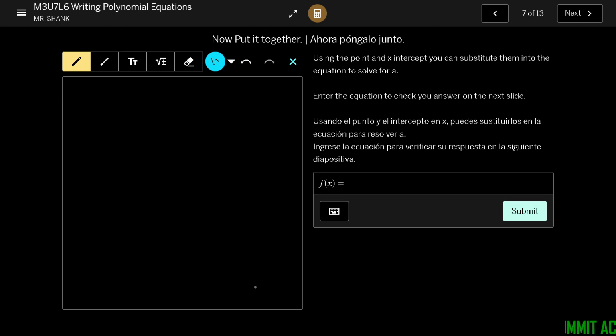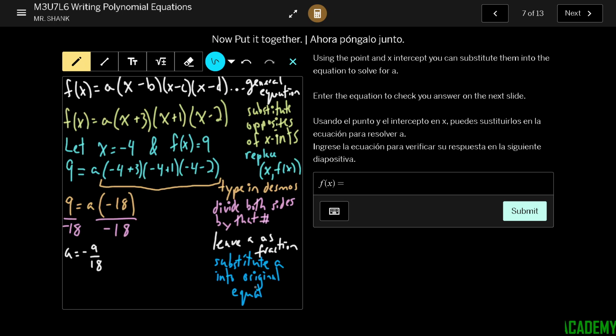Hold on a second. All right, I think we're still good. It says substitute into the original equation. So I'm going to take that value that we found for a, plug it back into our original equation up here.